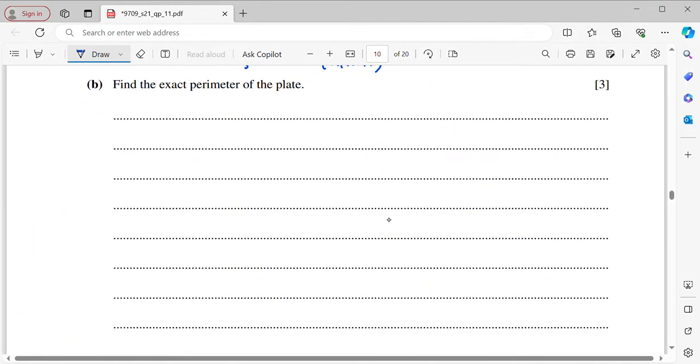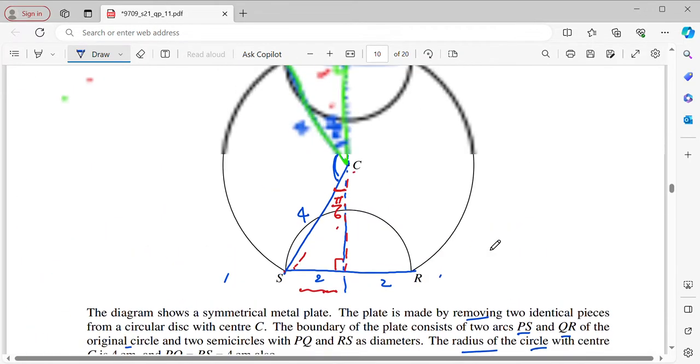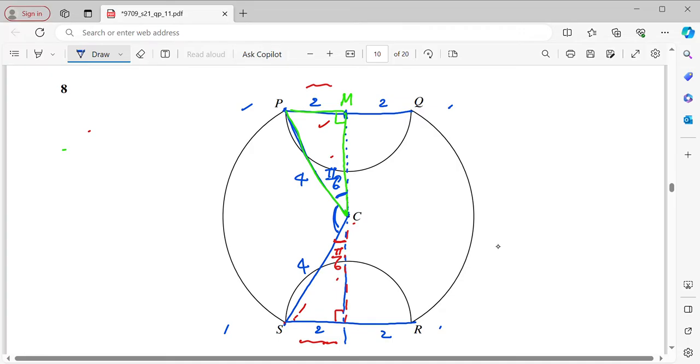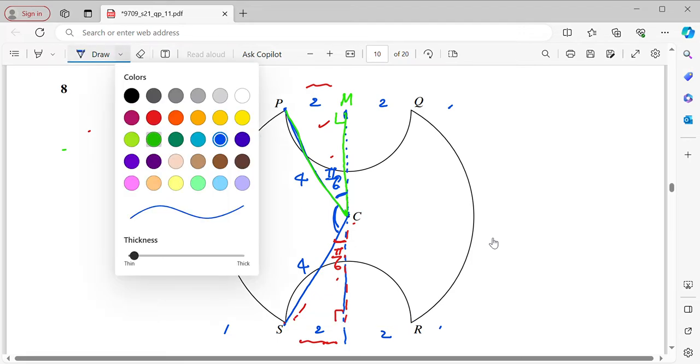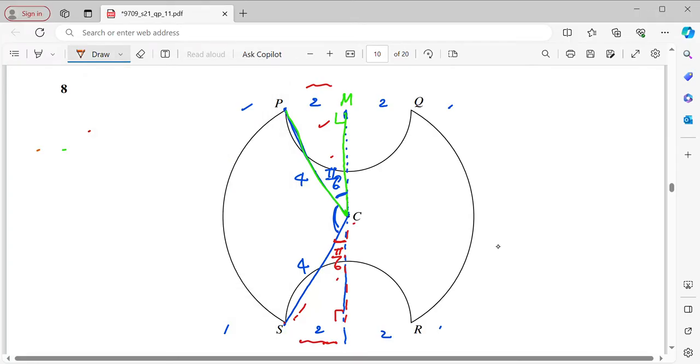Now part B, find the exact perimeter of the plate. Perimeter of the plate means that you need to find the arc length of PS and QR, but both of them are the same length.